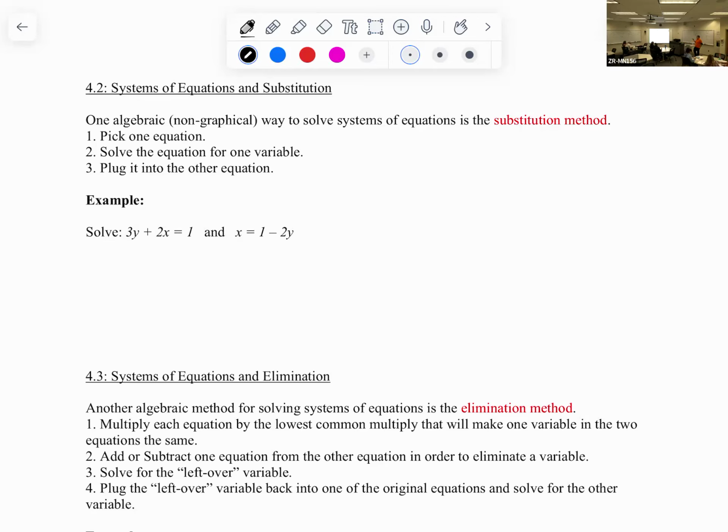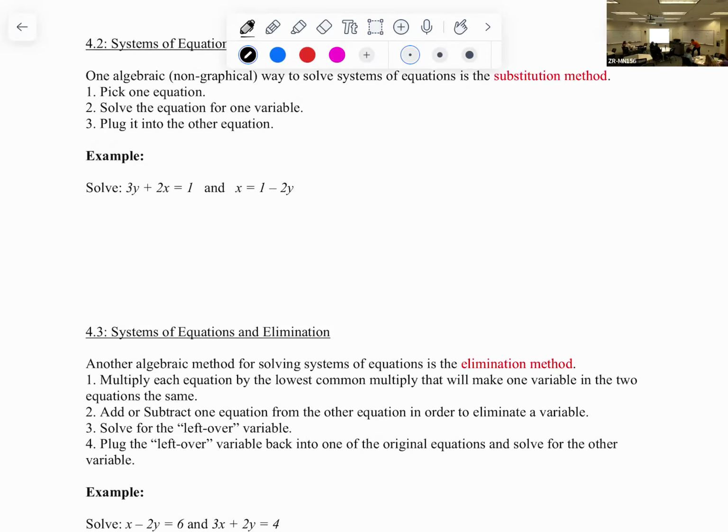I never specify use this type or that type. It's all just what you prefer. But substitution tends to be one of the easiest methods. And when you have equations that start in a particular way, it really lends itself to this method. With this set of equations, I really want to do substitution because this one that I've underlined in black is already set up as x equals, and I can plug that in for x into my other equation.